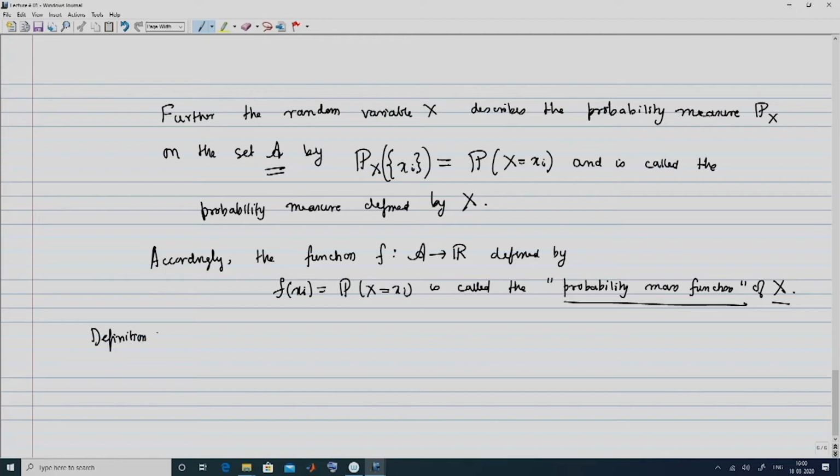So, accordingly, we now have a definition. Now, once we have this probability measure and the probability mass function for x, naturally we have to talk about independence.